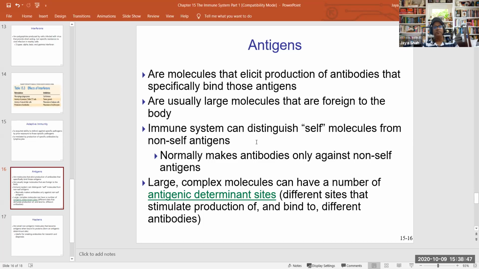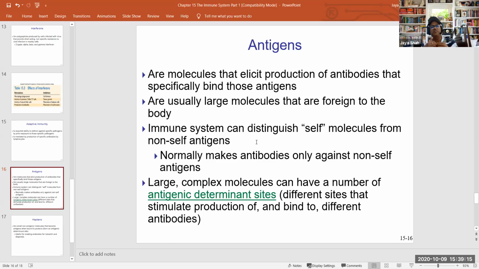That means to produce adaptive immunity, your lymphocytes must be exposed to antigens. And antigens are part of a microorganism, or part of any foreign particles, or part of abnormal particles inside our own body. That is antigens.